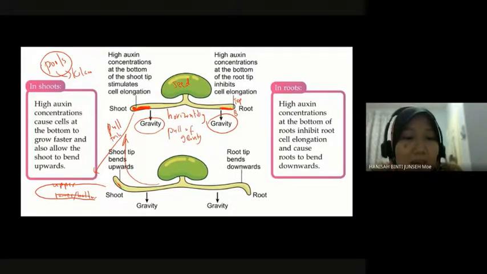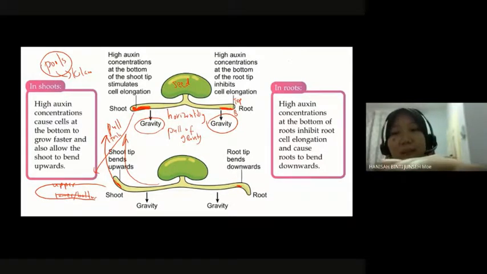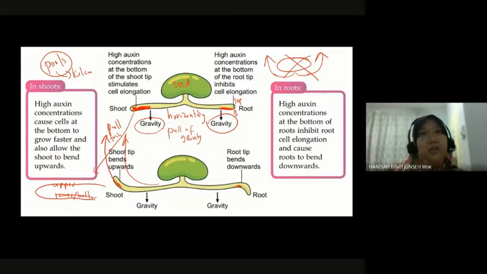Bahagian bawah dia ni akan grow upwards. Tapi yang ini dia inhibit. So sebab itu kenapa dia tidak jadi macam ni. Mana teacher mau lukis ni? Okay, sini. Dia tidak jadi macam ni. Ini seeds, ini shoot, ini root. Kenapa dua-dua tidak naik? Sebab itu kenapa tidak berlaku macam tu. Kenapa satu pergi atas, satu pergi bawah? Because of this auxin.